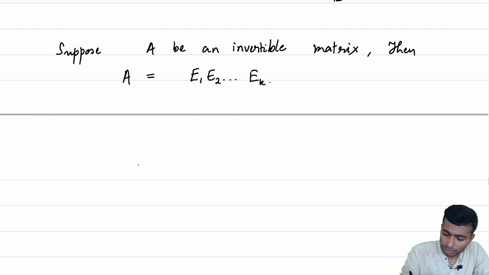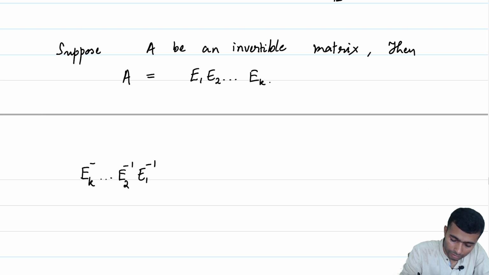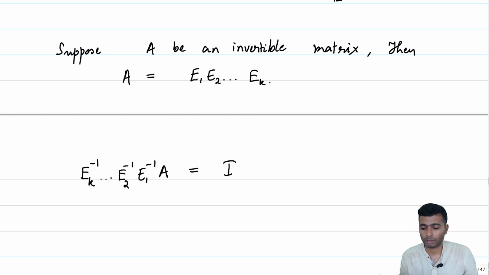So, if we multiply to the left of A by E1 inverse, E2 inverse, Ek inverse times A, this will just give us the n cross n identity matrix.